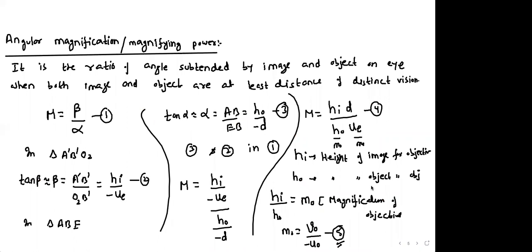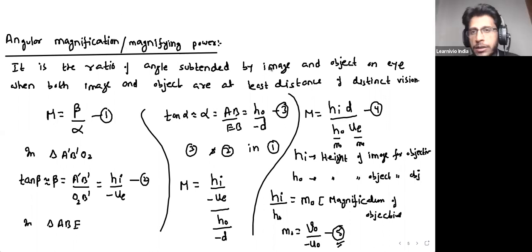See the changes in definition. So it is the ratio of angles subtended by image and object on the eye when image is at least distance of distinct vision. Yes, it is the ratio of angles subtended by image and object on the eye when, where is your image?